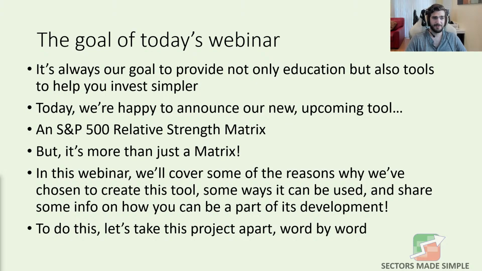Apparently, PowerPoint decided that we don't get the line-by-line thing, so we're going to get it all at once, but we'll make do. The goal for today is to talk about what we do at Sectors Made Simple. And I'm not just talking about the webinars. I'm talking about what tools we offer.